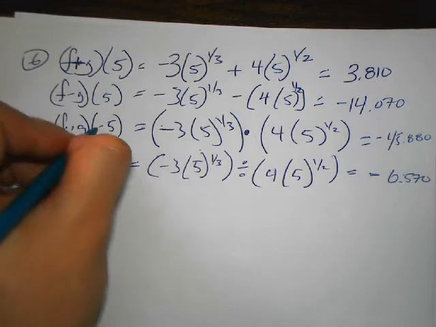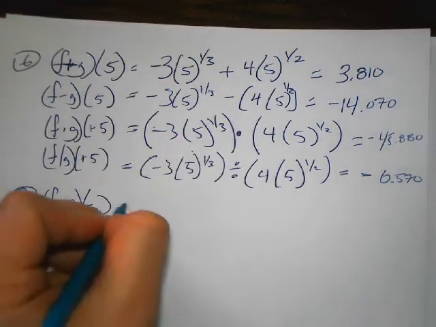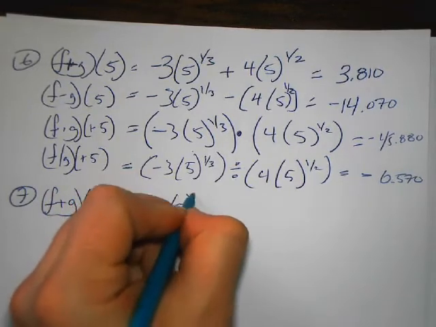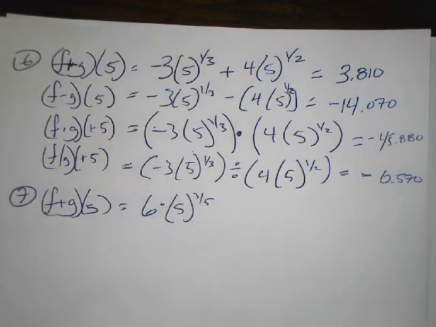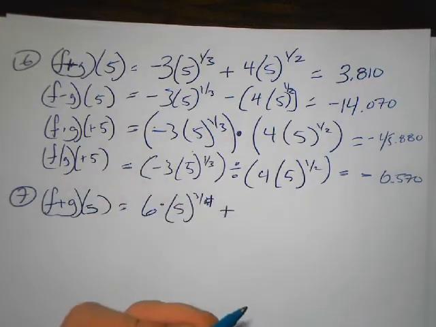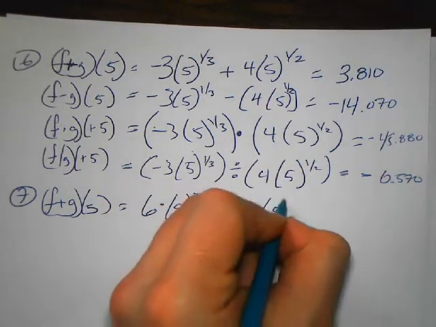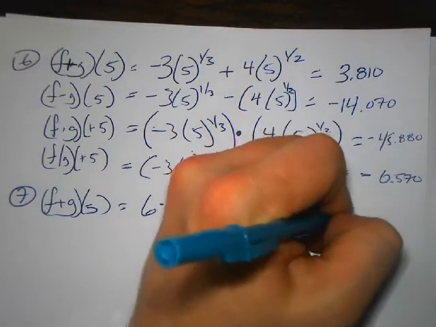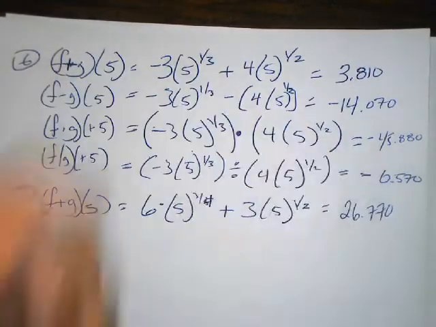Alright, so 6 times 5 to the 3/4 power, plus 3 times 5 to the 1/2 power. So on number 7, we're going to add up our functions, and we end up with 26.770.